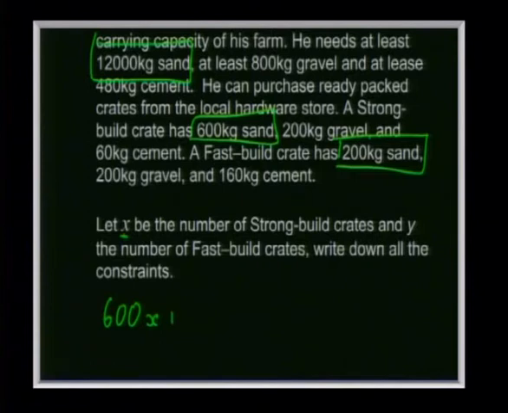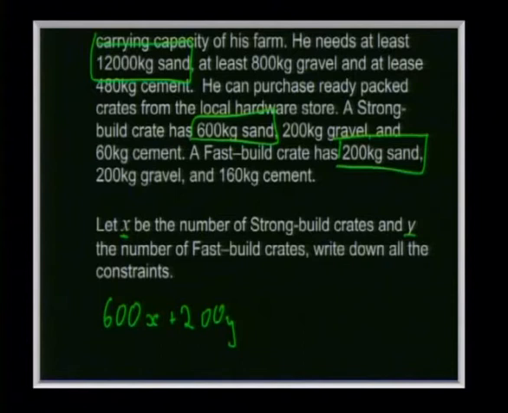And if I add that to Y packets of Fastbuild, 200y, I'll have 200 times y kilos of sand. I need at least 12,000, so what I buy has to be more than, or can also be equal to, 12,000 kilos. And there's my first constraint.